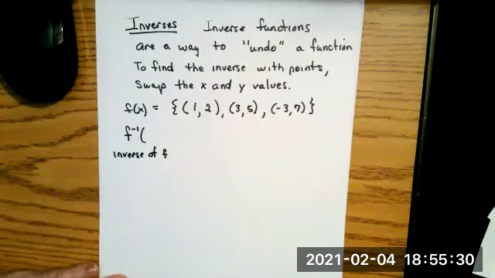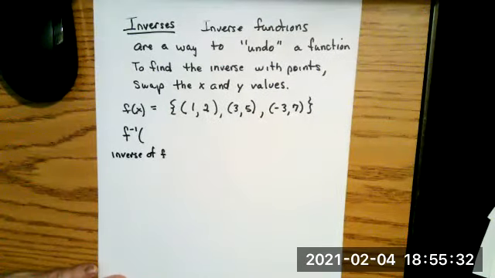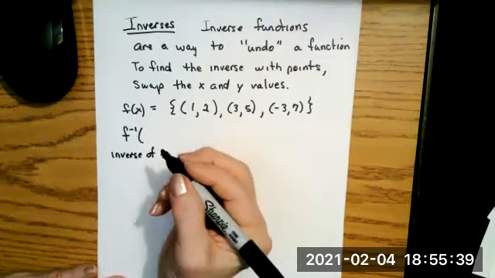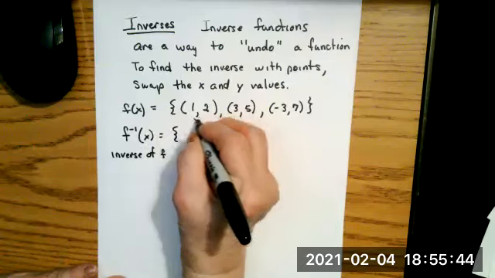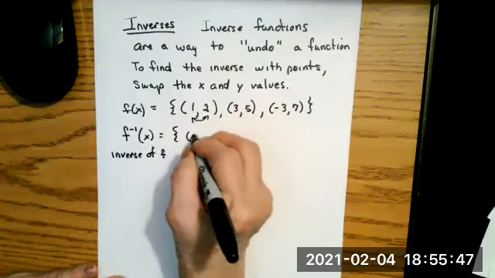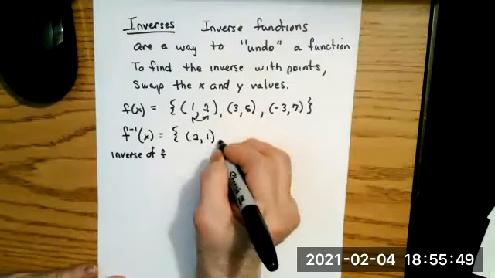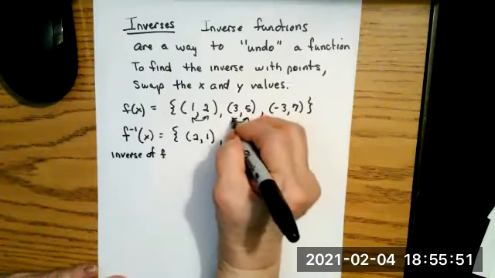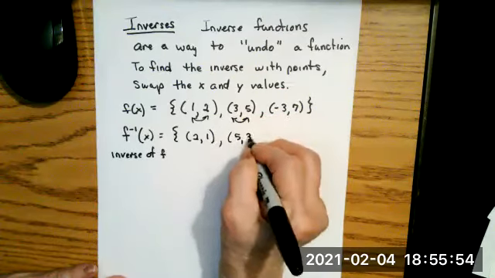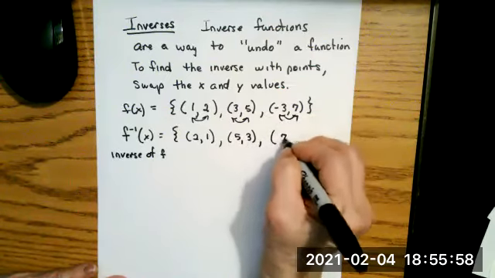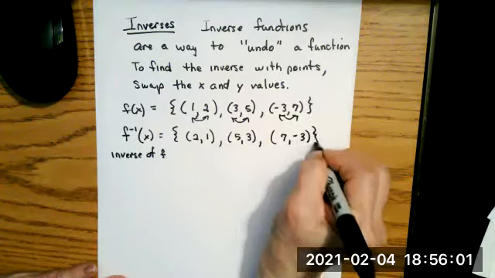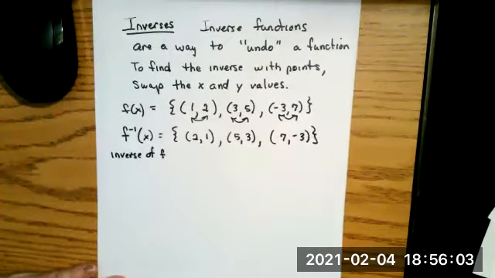That's what that f to the -1 is. You'll hear me not hardly ever say f to the -1. I'll say f inverse, because that's what that means. F inverse of this will now be, I'm going to swap these two, so I'll have (2, 1). I'm going to swap these two, and I'll have (5, 3). And I'm going to swap these two, and I'll have (7, -3). So it's real easy. You just swap them.